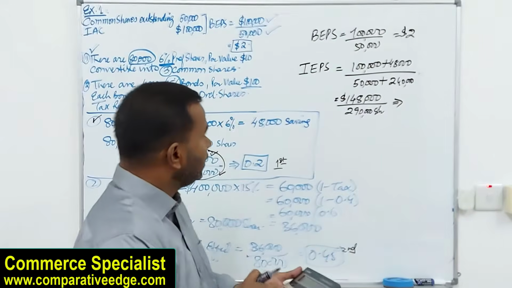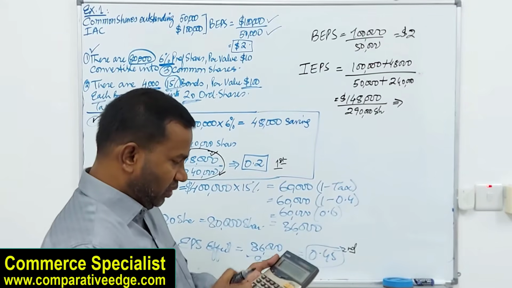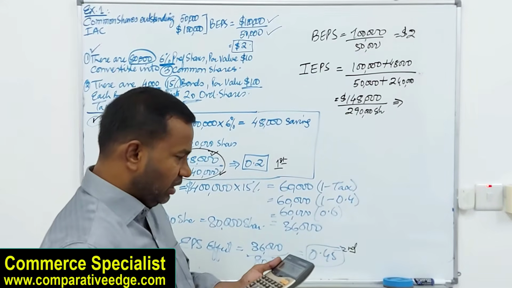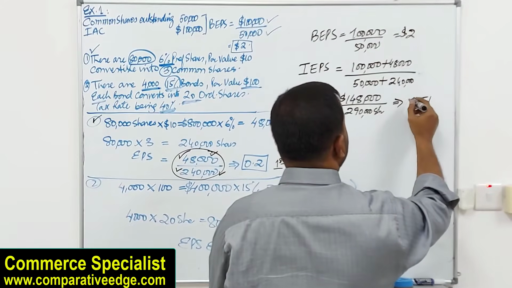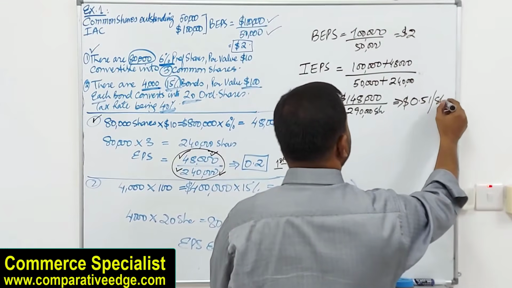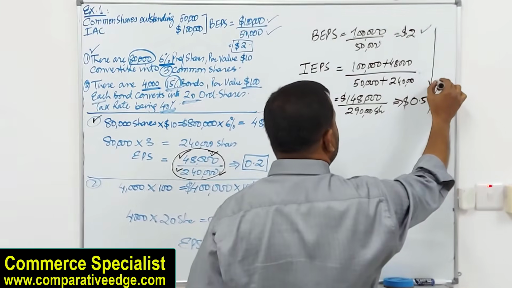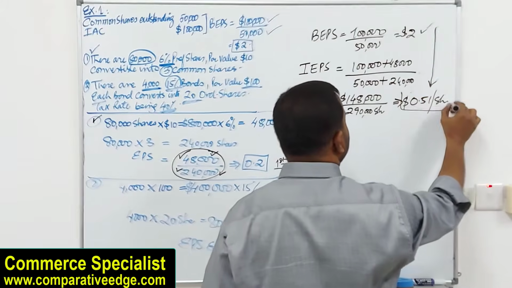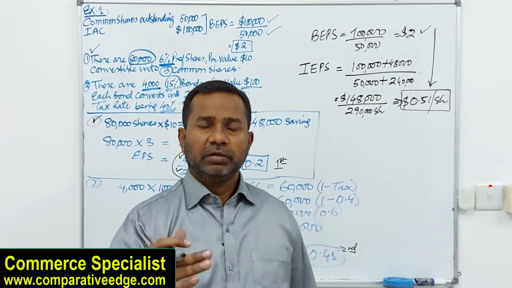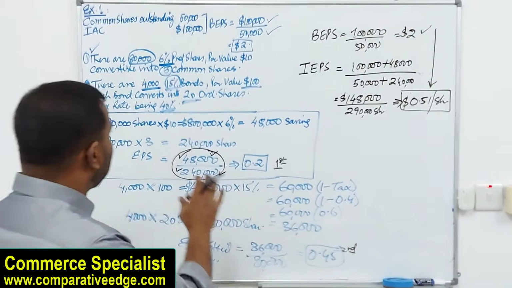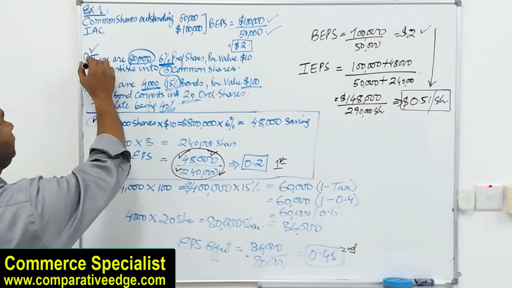You divide 148,000 by 290,000, and you get 0.51 as your EPS per share. If you notice, it was 2 before, now it has gone down to 0.51. The EPS has diluted as a result of preference shares converting.